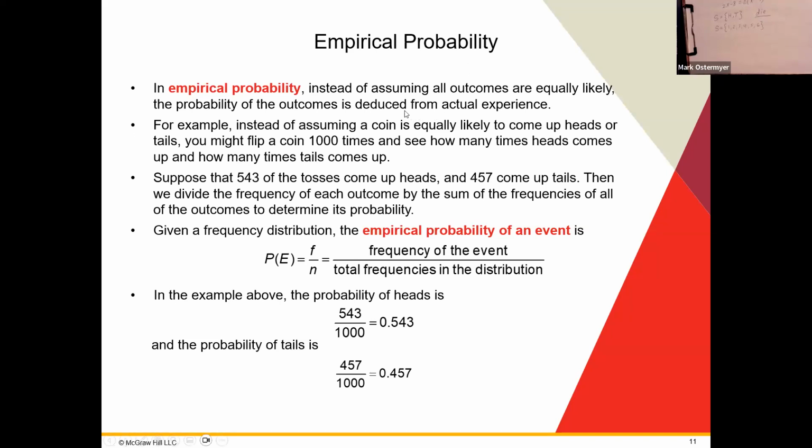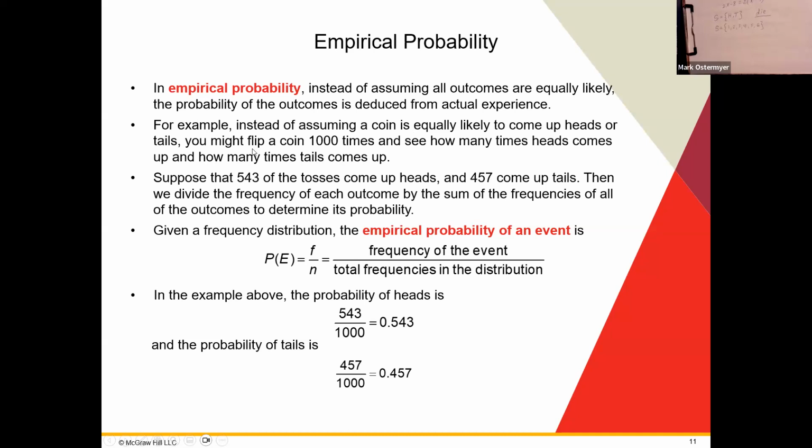So if you don't have an equal likelihood model, then you really should be using this empirical probability rule or this relative frequency probability rule to compute probabilities, as opposed to the classical method, which requires that you have equal chances for any outcome to occur.